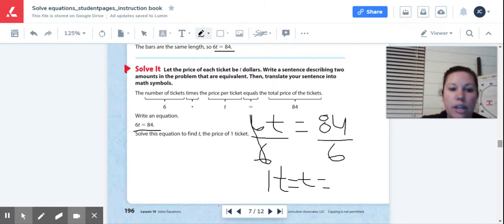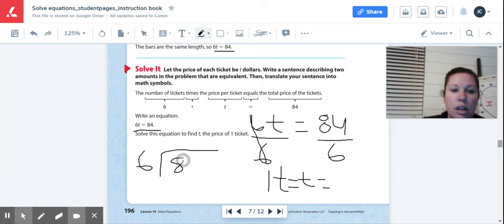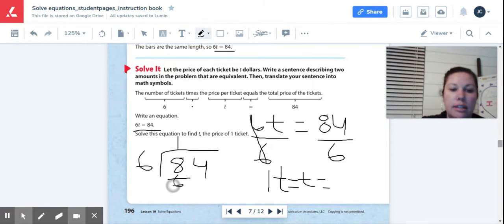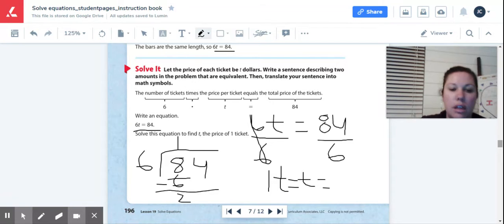So let's just go ahead and divide. I'm going to divide over here. So 6 is going to go on the outside. 84 is going to go on the inside. 6 goes into 8 how many times? 1, and I get 6. I subtract, and I'm going to get 2 left over, and I bring down the 4.